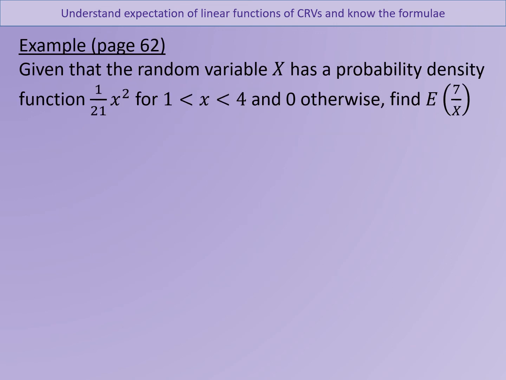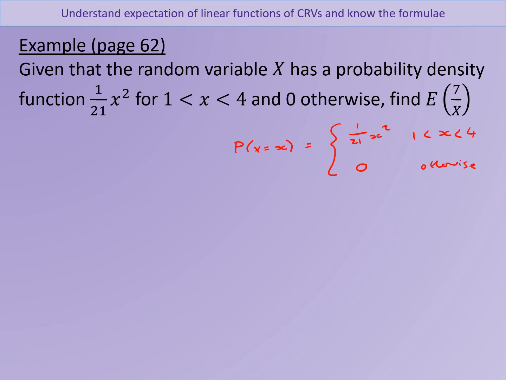In this example, we have a random variable x with a probability density function. This function is 1 over 21 x squared for values of x between 1 and 4, and it's 0 otherwise.